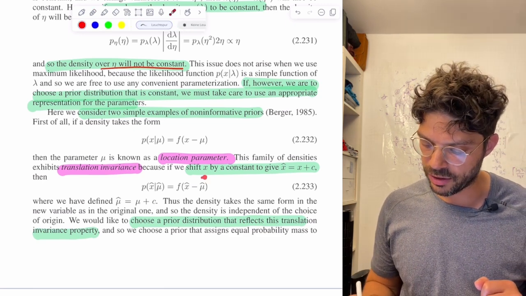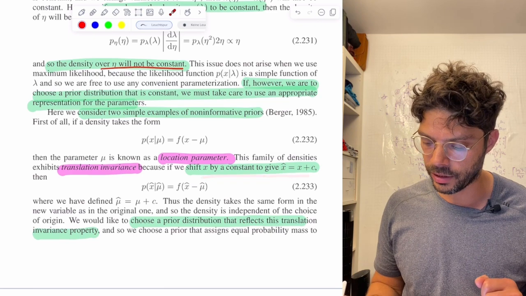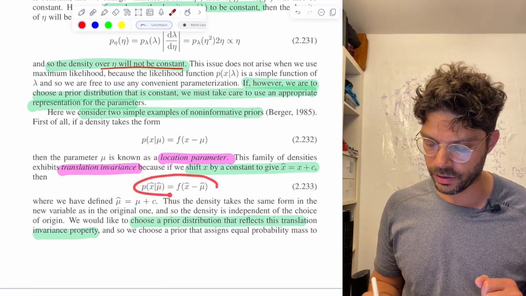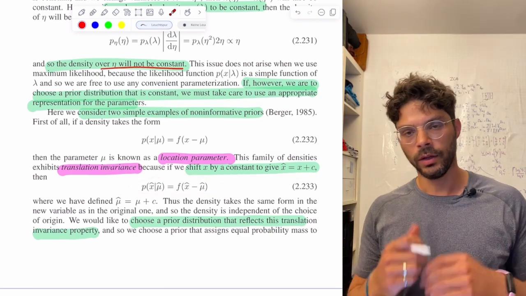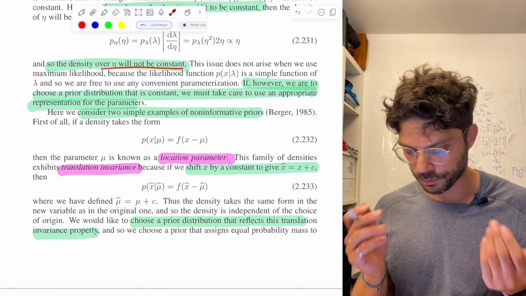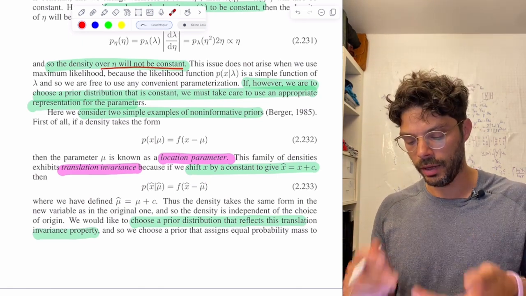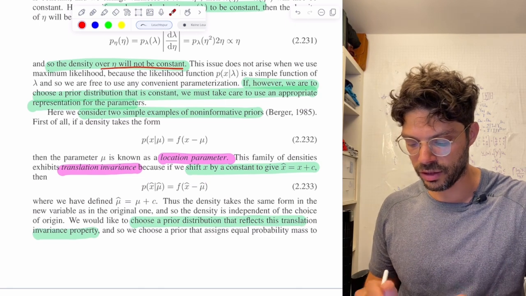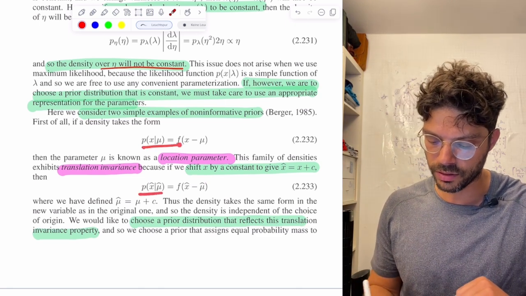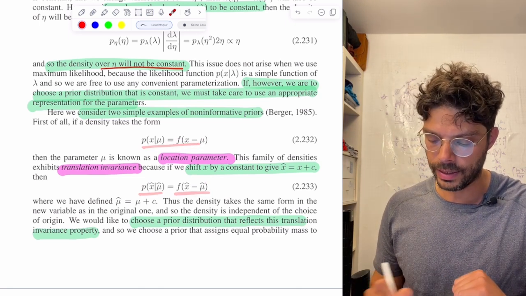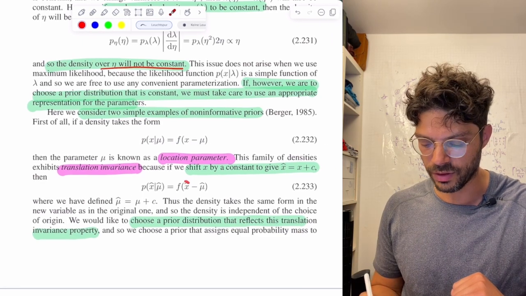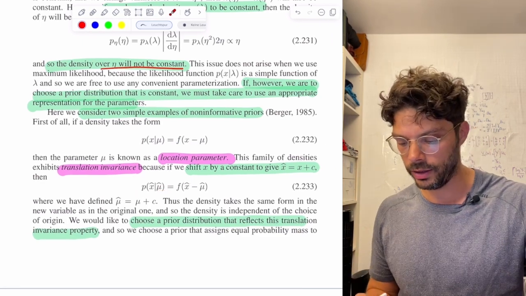Because if we shift x by a constant to give x hat equals x plus c, then, okay, this is a good opportunity to use our change of variables formula to make sure that this is the case. So let's just use this information to derive this expression. And it's really quite simple.